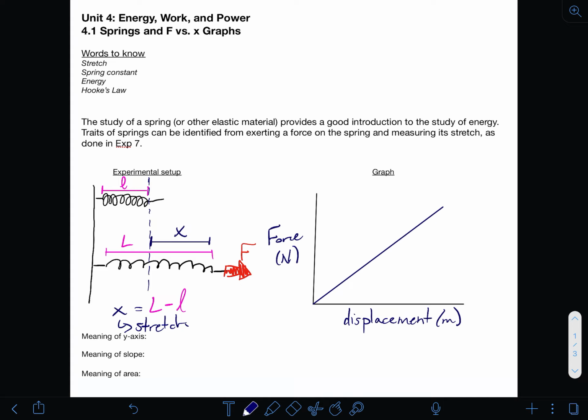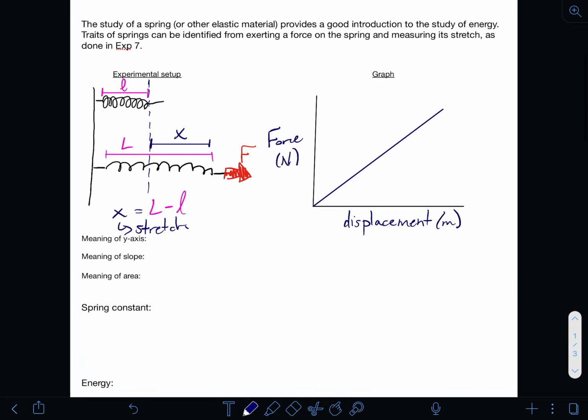And whenever we have some kind of graph, we always want to look at things like the y-axis of the graph, the slope of the graph, and the area of the graph, because these are the three components of a graph that are going to yield important information for us. So the y-axis is telling us about the force that the spring is exerting.